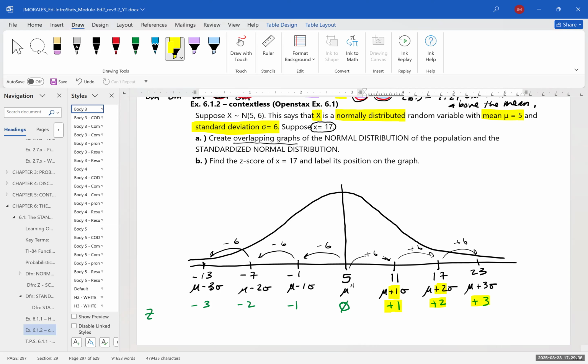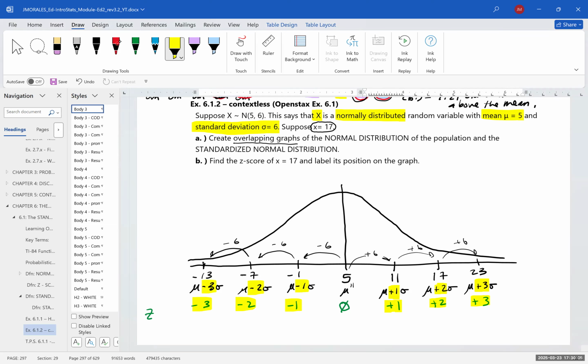And look where this positive 3 comes from. It comes from 3 standard deviations above the mean. And likewise, when we go the other direction, where this -1 comes from: 1 standard deviation below the mean. -2, 2 standard deviations below the mean. -3, 3 standard deviations below the mean.